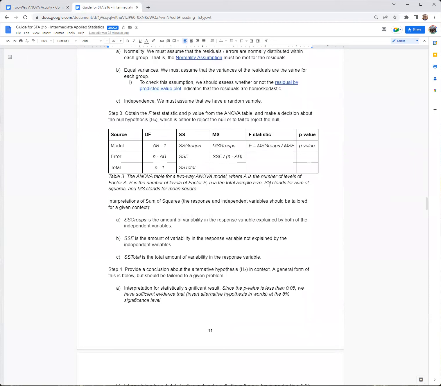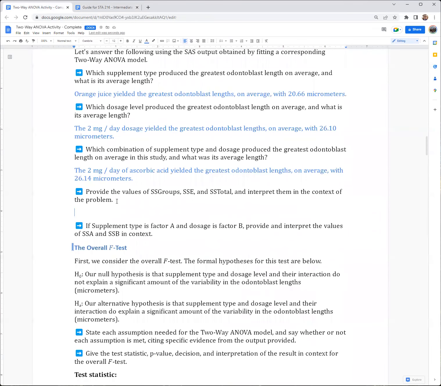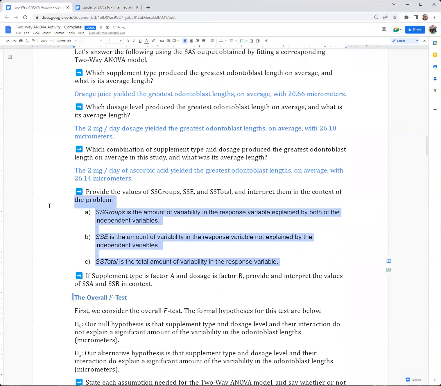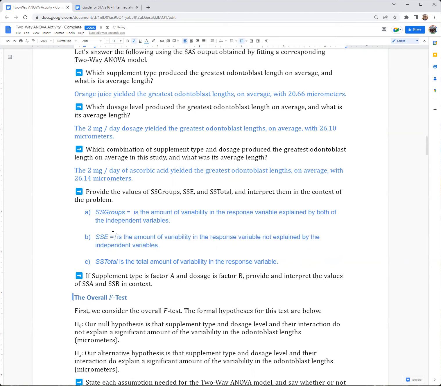And then we have this ANOVA table, and we can copy these blueprint interpretations. Saves us a little bit of typing. Okay, so SS groups, let's get the values of these first. SSE, SS groups, and SS total.